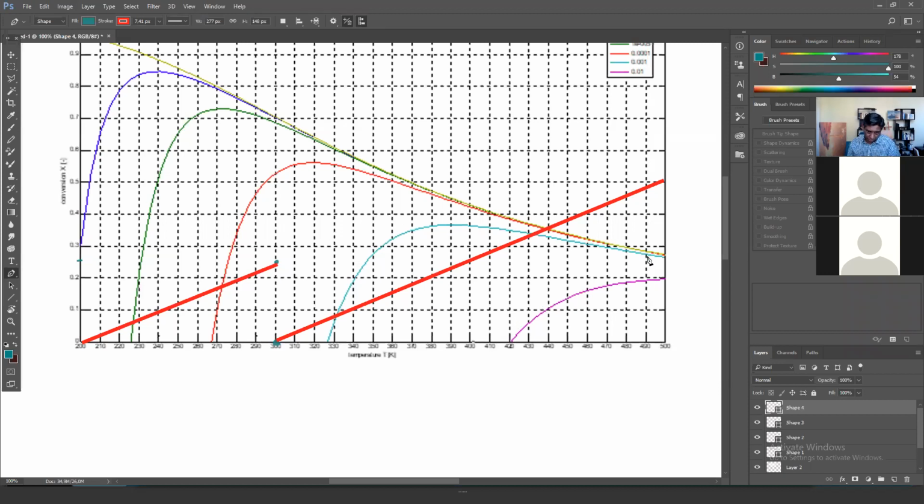I'm saying, what if our starting temperature was here and that was the operating line? Then we can say clearly, this is the maximum rate. And equivalently, what if we had started here? Then here is the maximum rate.